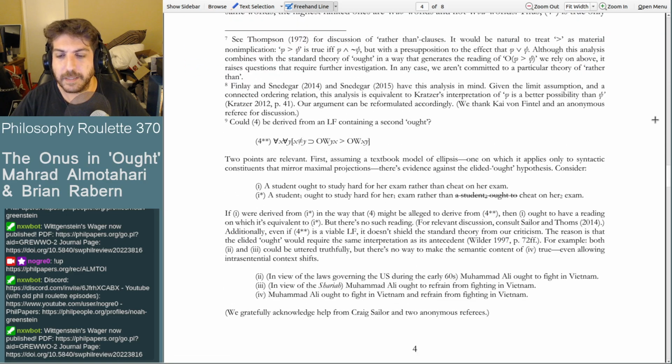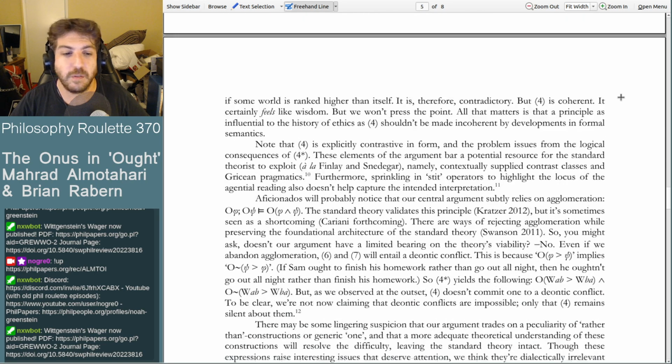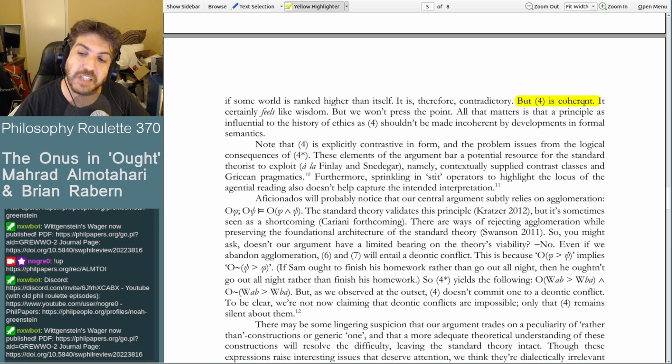So yeah, this is what they're doing. So thus 4-star is true only if some world is ranked higher than itself. It is therefore contradictory, but 4 is coherent. And right there, if you go back and look at what was actually done, moving from 4 to 4-star, I don't think it holds, because they're putting a giant ordering in 4 and saying that's coherent.